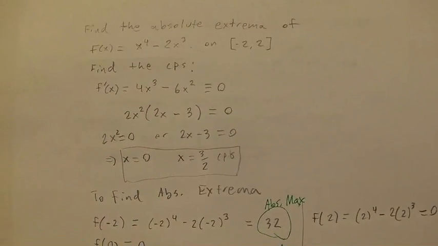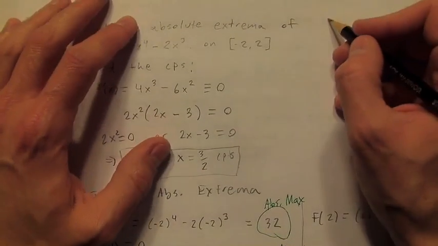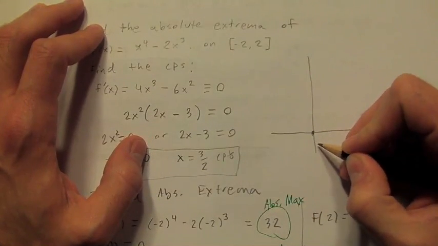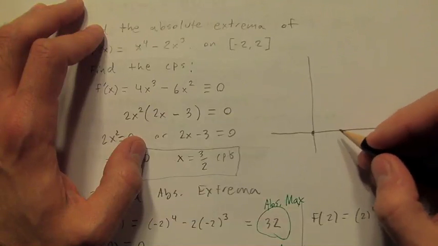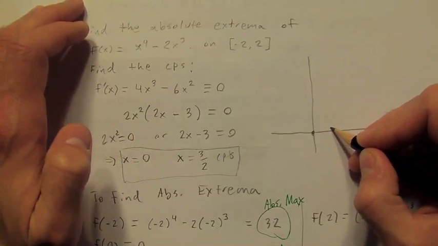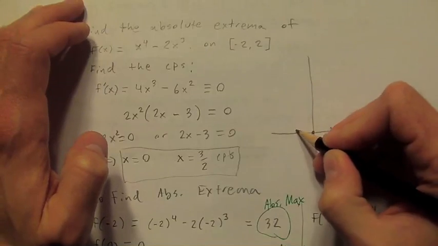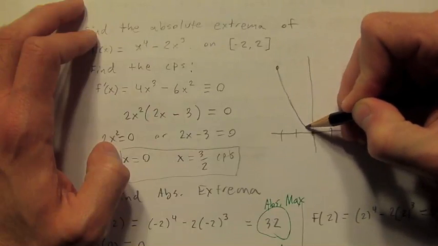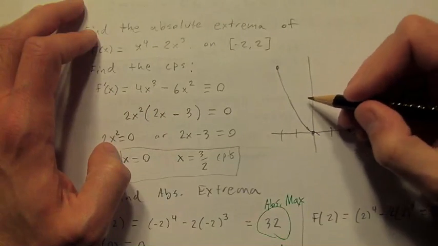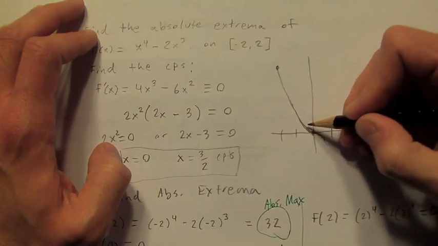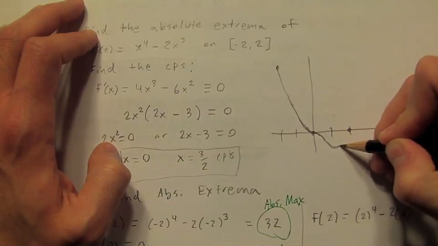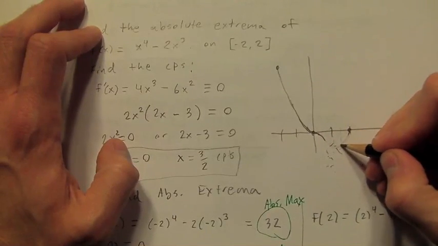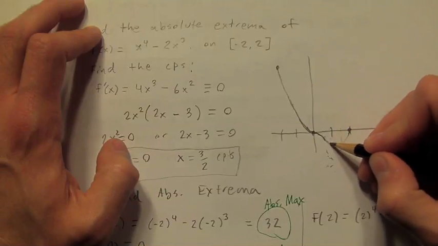And when we graph this function, okay, it looks a little like this. So let's see here. Here at 0, it's got a little leveling off point, and then at 3/2, which will actually be here, has its turning point.